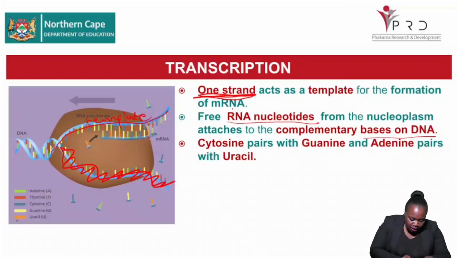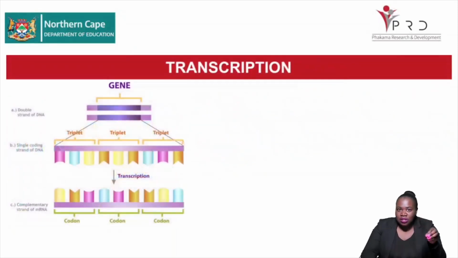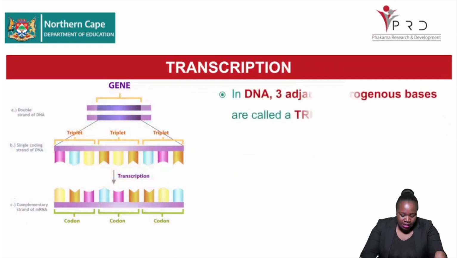The yellow and the blue are always the same because it's always cytosine and guanine. However, with adenine, thymine, and uracil, somewhere you'll see uracil, somewhere you'll see thymine. When you see thymine, that is the guide for you to say this is a DNA molecule. When you see uracil, it is a guide that this can either be a tRNA or an mRNA.